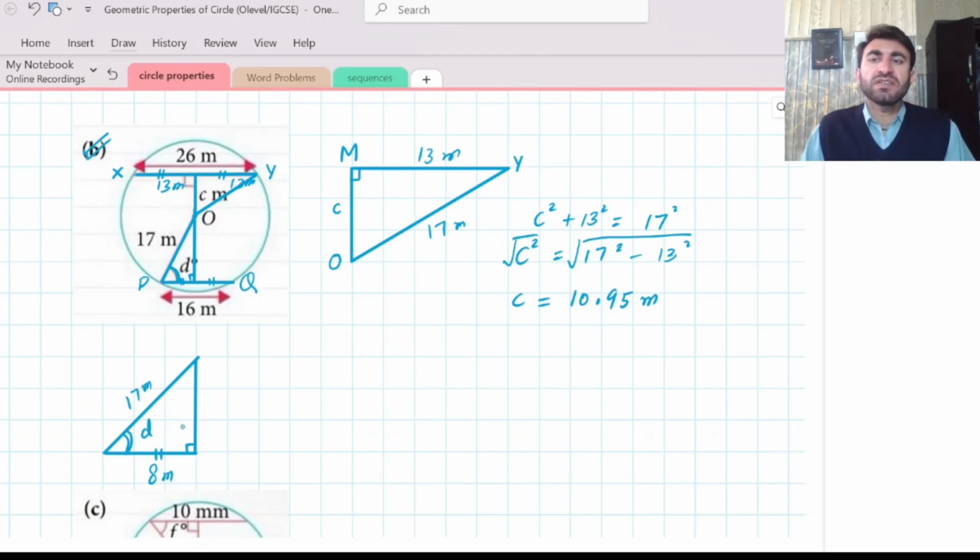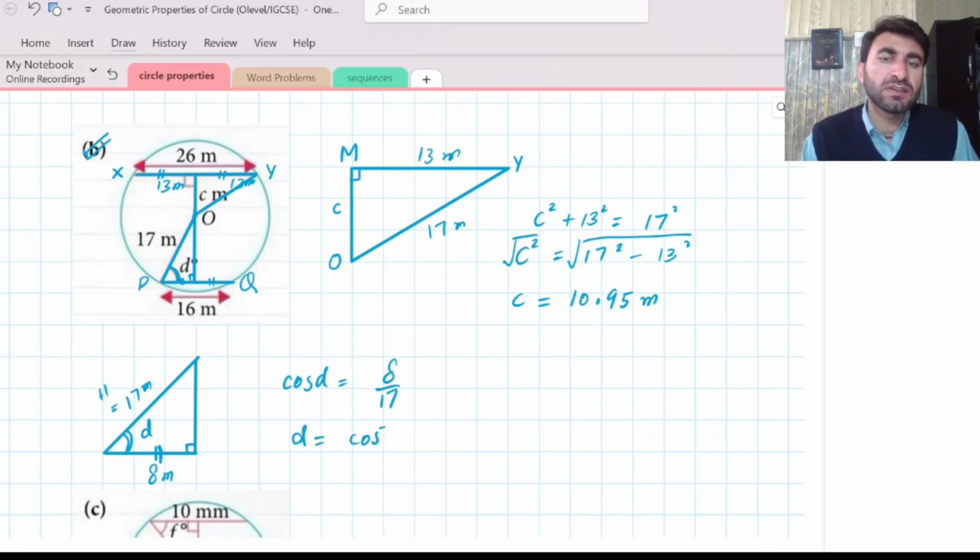So we can use the trigonometric ratio cosine, because we have the side adjacent to that angle, 8 meters, and we have the hypotenuse of that triangle. So using cosine D, it shall become 8 upon 17, and because we have to figure out the value of angle D, it will become cos inverse of 8 upon 17.